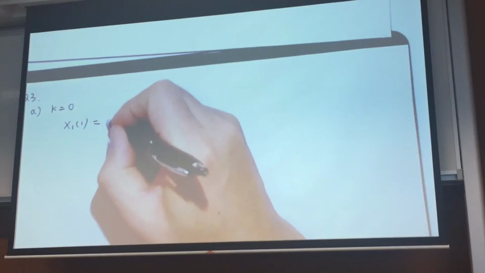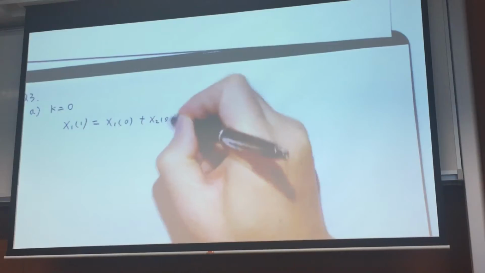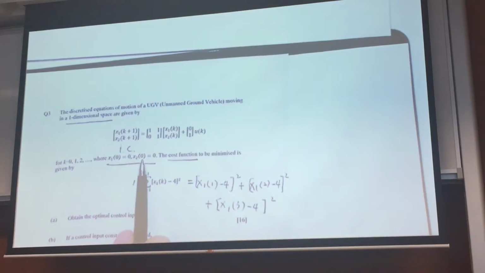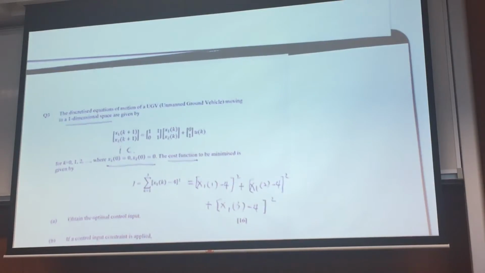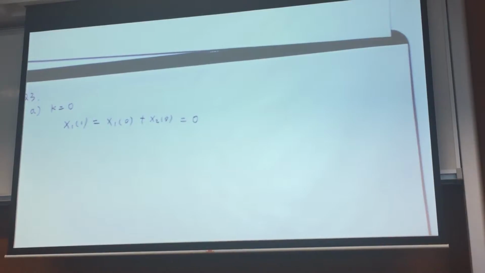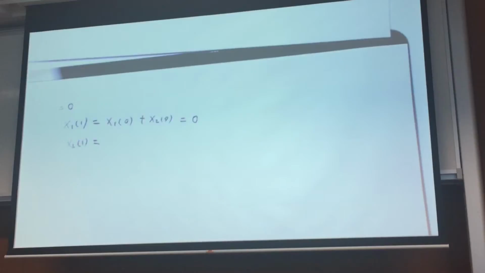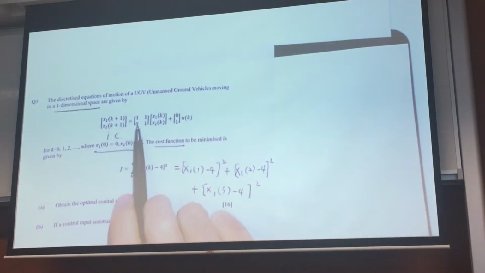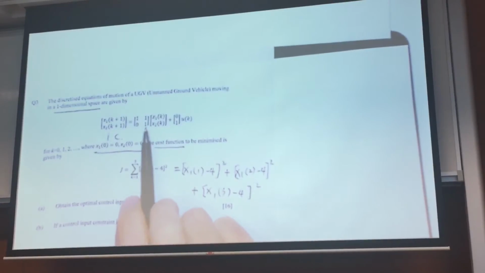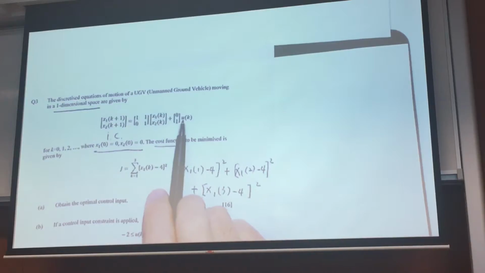So this is given by x1,0 plus x2,0. Since x1,0 equals 0 and x2,0 equals 0, this one is equal to 0. For x2,1, it equals 0 multiplied by x1,0 plus 1 multiplied by x2,0 plus 1 multiplied by u0.